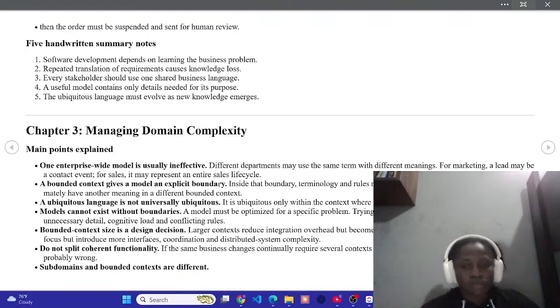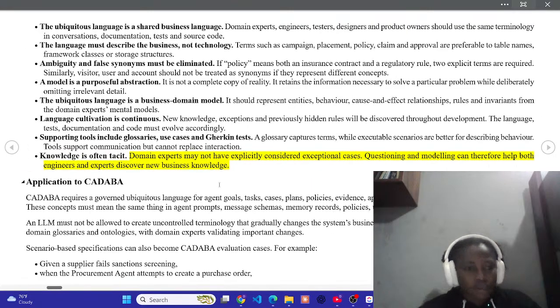This will enable you to also get a correct explanation for your development, for your design, and for your proposed solution. From what I learned from the book, knowledge is often tacit, which we have explained. Domain experts may not have explicitly considered exceptional cases.